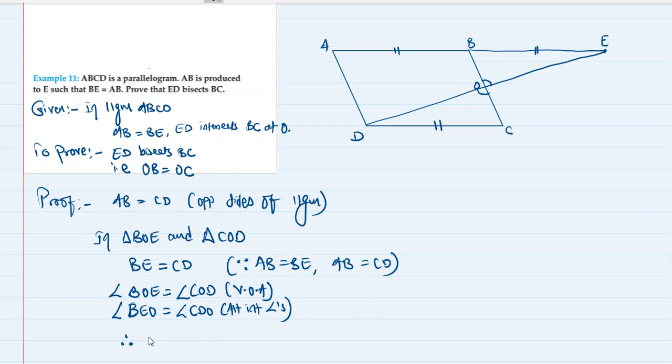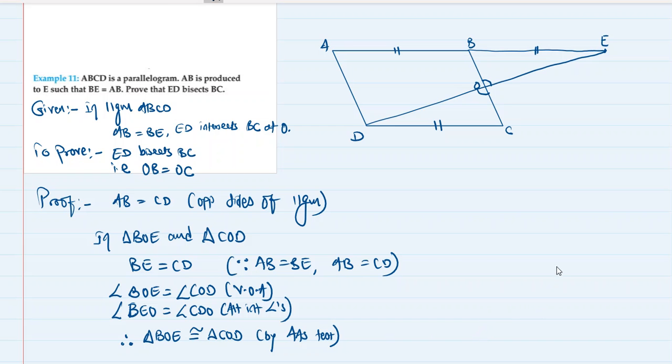Therefore, triangle BOE is congruent to triangle COD by SAS test. I'm sorry, not SAS, AAS test.